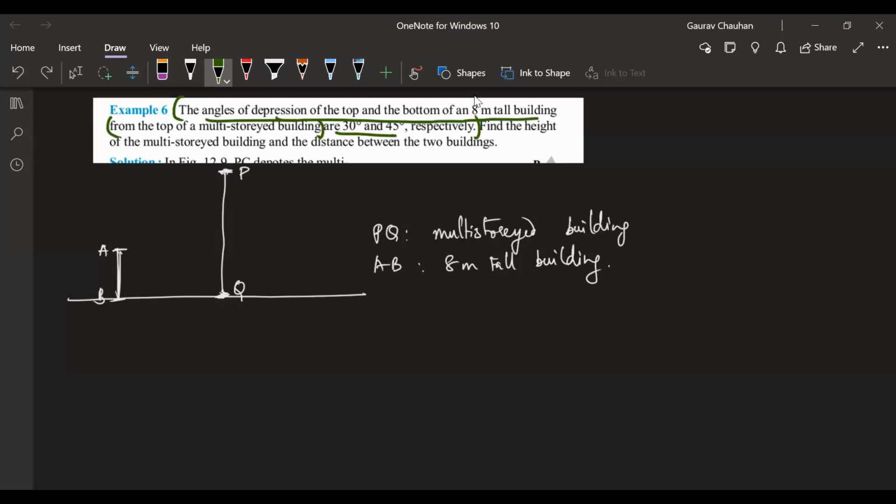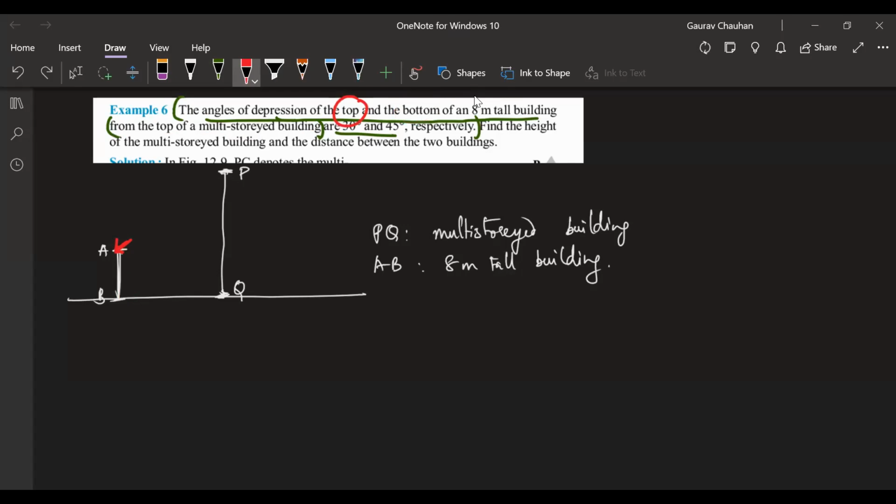That's the first thing I identify: from where am I looking? I'm looking from P. Where am I looking to? First case, I'm looking at the top of the 8-meter tall building, which means I'm looking here. Second case, I'm looking at the bottom, which means I'm looking here. In both cases, I'm looking from the same point, from P only.